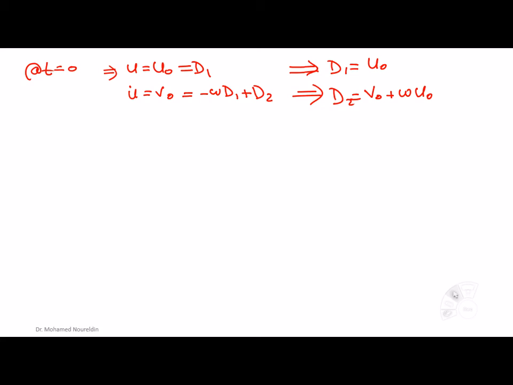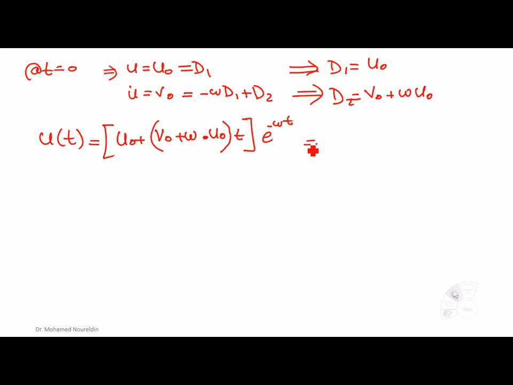Now let's substitute in our main equation, which is the last equation that we have obtained. So it is u of t equals, now let's open this square parenthesis, u node plus, in another curved parenthesis, v node plus omega times u node, times t, and then close this parenthesis, e to minus omega t.